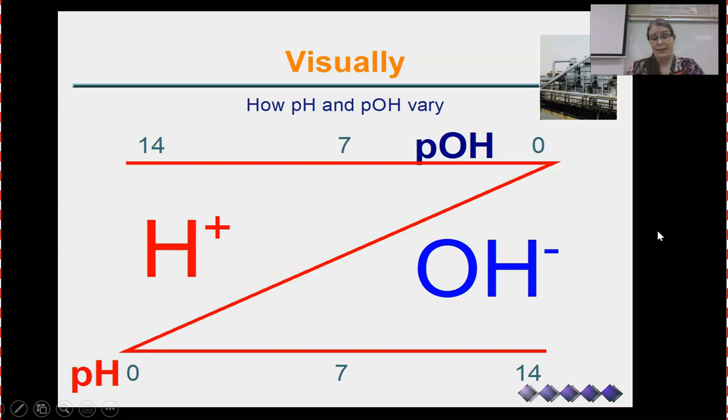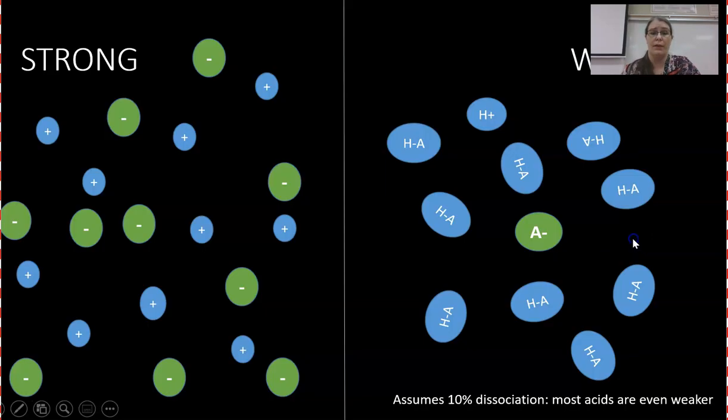So the last thing I wanted to look at was to maybe do a little particulate map of this. What does it actually look like on a molecular scale? Because of course, as chemists, we're always thinking about the molecules. And so I have a little diagram here that shows what's going on inside a beaker of a strong acid and a weak acid. And you can see that the strong acid has completely broken up.